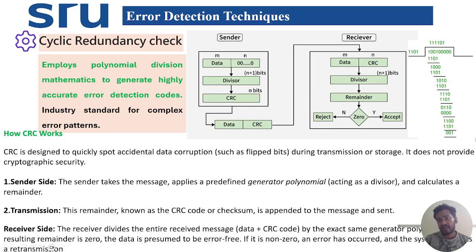If the outcome is zero, then the data is reliable and no corruption has occurred. In the transmission, the CRC code or checksum is appended to the message and sent. Then at the receiver side, the receiver division, I will explain it.